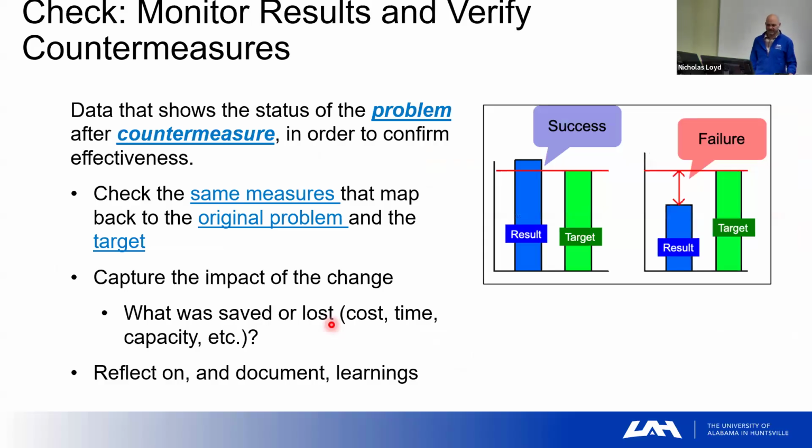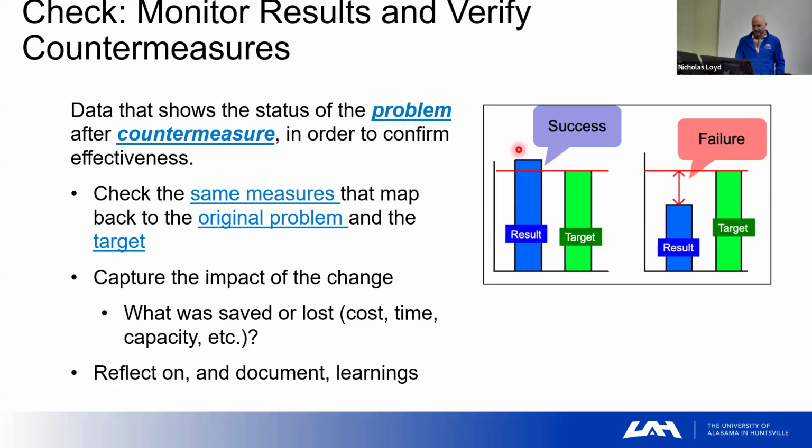And the check in the Plan, Do, Check, Act cycle is, once we go and do, did we actually get better? So we want to measure that. Again, the check is based on the same metrics that we used in the problem description and the target condition, to see if we got better.